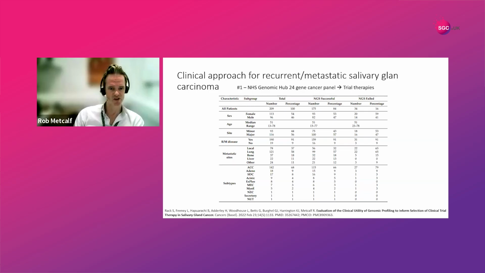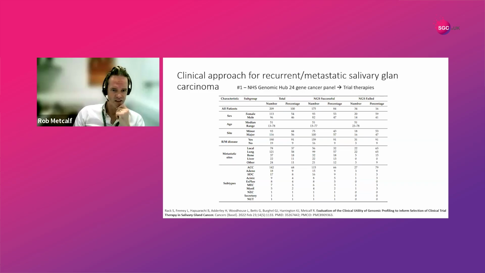Of 209 patients that we sequenced the tumor DNA in to look for different changes, we only had 7 with mucoepidermoid carcinoma. Now, for patients with mucoepidermoid carcinoma, that's actually quite a reassuring thing. The reason is the patients I see have predominantly recurrent or metastatic disease. So 190 of 209 patients here had recurrent disease.